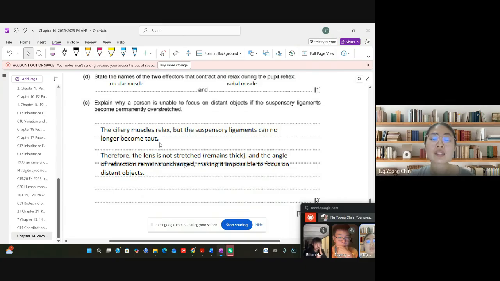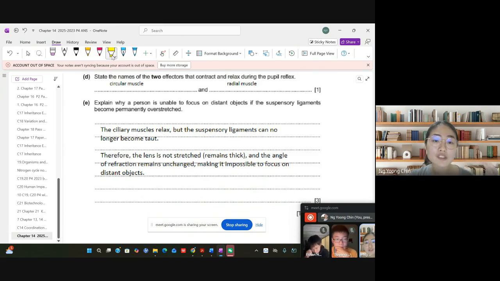Okay, taut means what? Taut means that they refer to the ligaments, right? They become very tight, okay, because it's overstretched. So that therefore the lens is not stretched, remain fixed, and then the angles of the refractions become unchanged, so making it impossible to focus on the distant object.